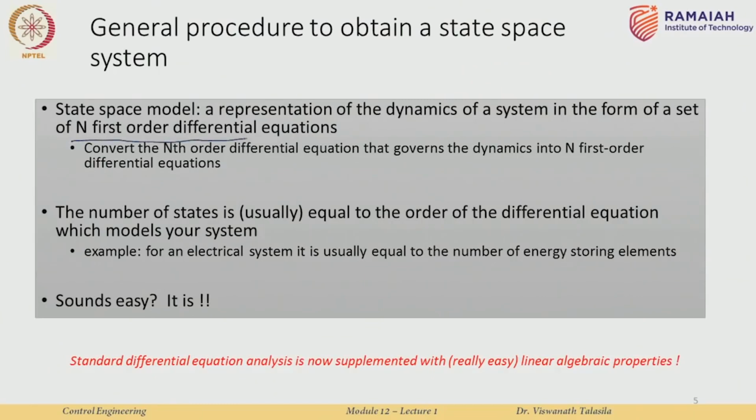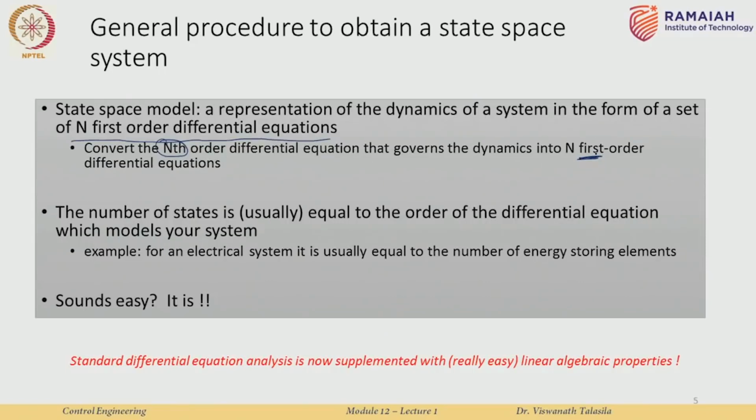So, what we are going to do in state space modeling is to take the differential equation model of your physical system and convert this nth order differential equation, where n could be 2 or 10, into n first order differential equations. That is the basic approach to state space.